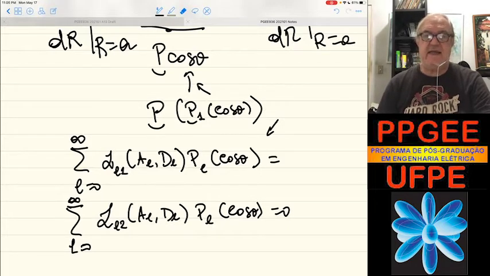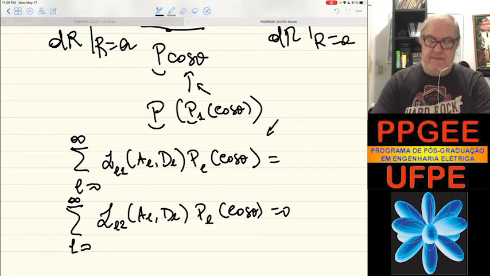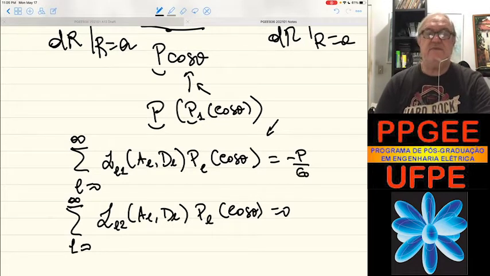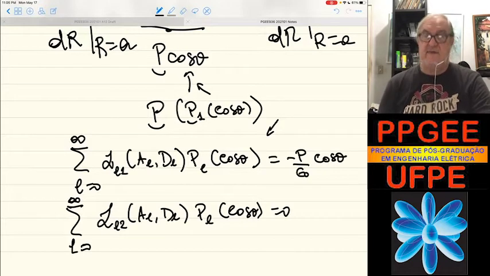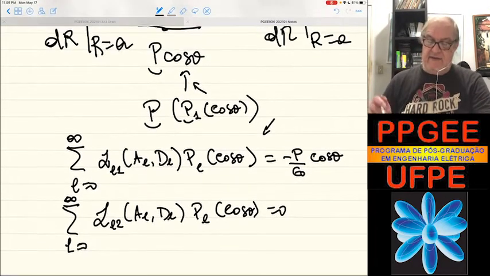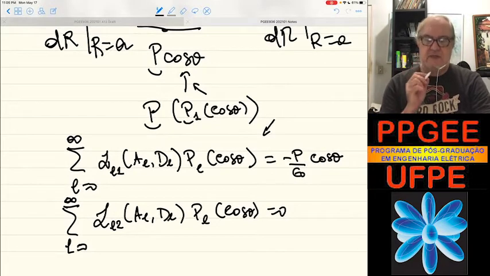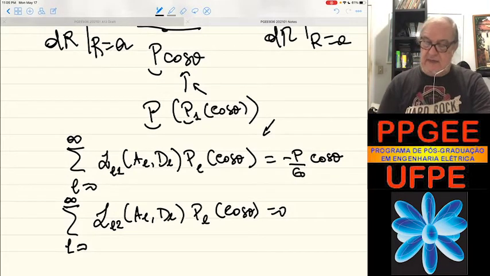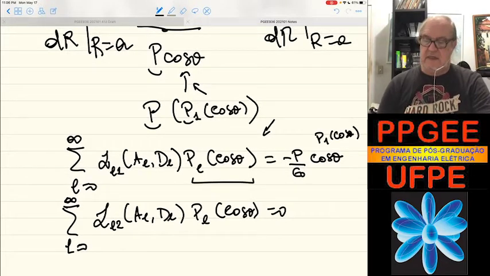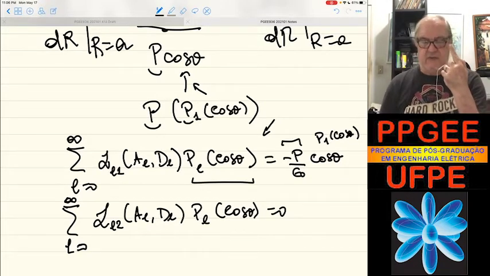One of them is minus P over epsilon 0 times cosine theta, right? So we have one non-homogeneous equation for L equals 1, because this is P1 of cosine theta. We can equate the L equals 1 term to the same coefficient here. Then we have the equation for L equals 1.